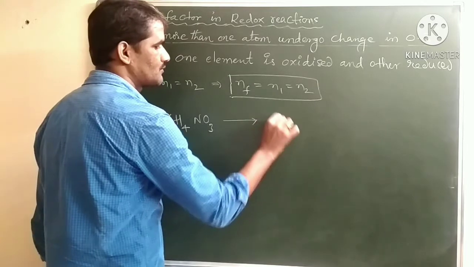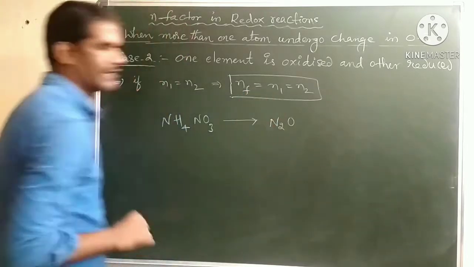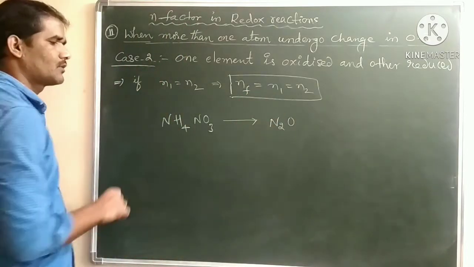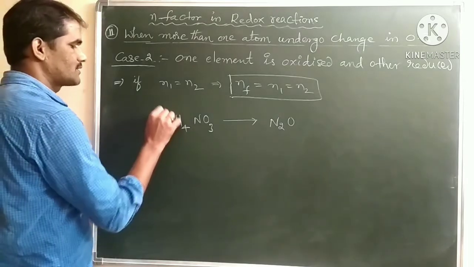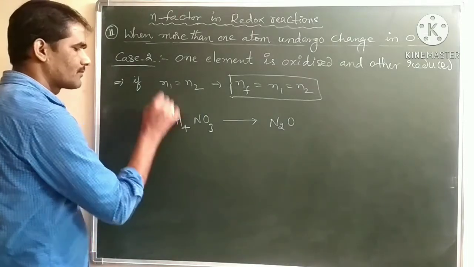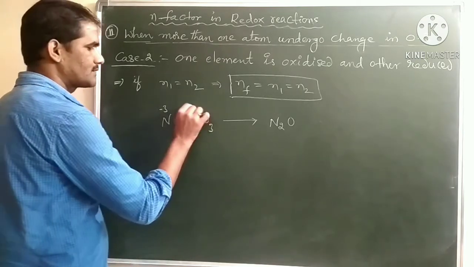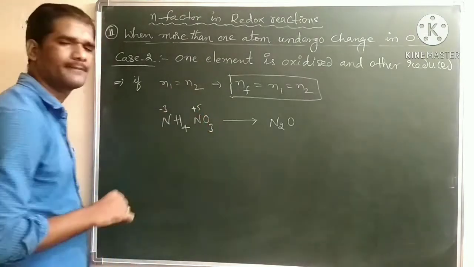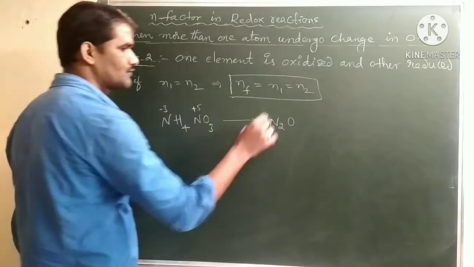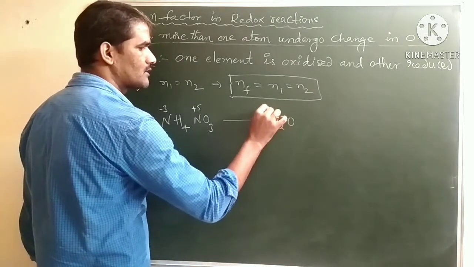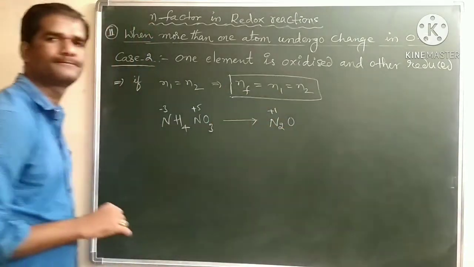is changing to nitrous oxide. Here in ammonium nitrate, the nitrogen oxidation state in ammonium is -3. In nitrate, NO3 minus, this nitrogen oxidation state is +5. In N2O, nitrous oxide, the nitrogen oxidation state is +1.